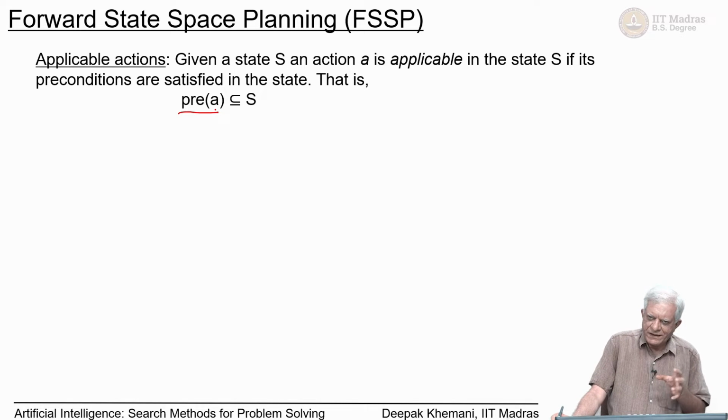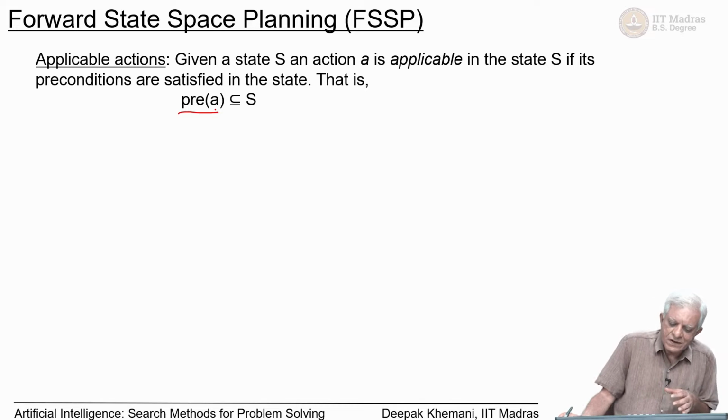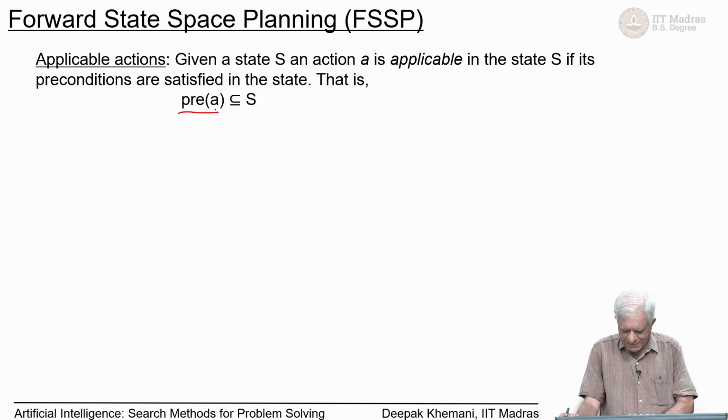And remember that the state itself is a set of statements, that on A B is true, on B C is true, and things like that. So, it is a set, and preconditions are also a set. So, for example, arm must be empty, A must be clear. So, that set must be a subset of the state that we are talking about. If that is the case, then we say that the action is applicable essentially.